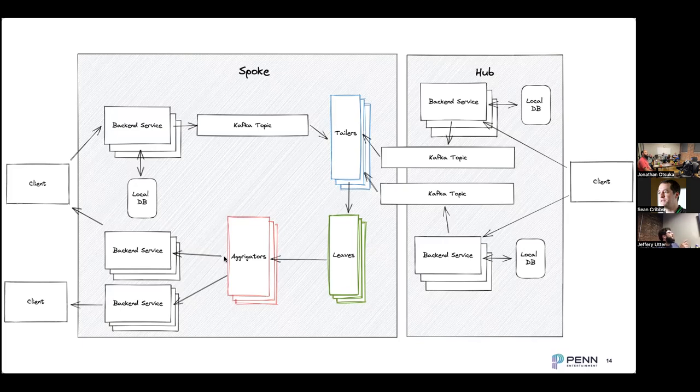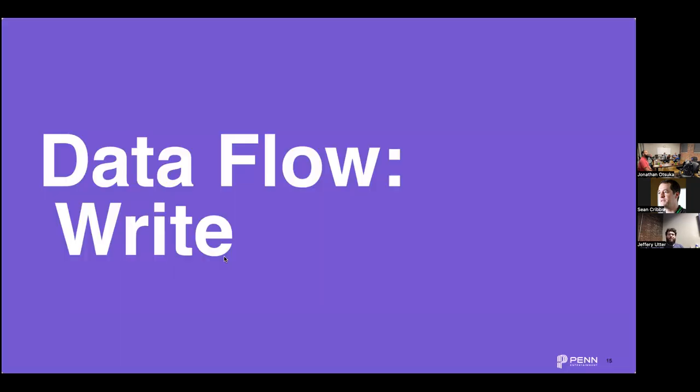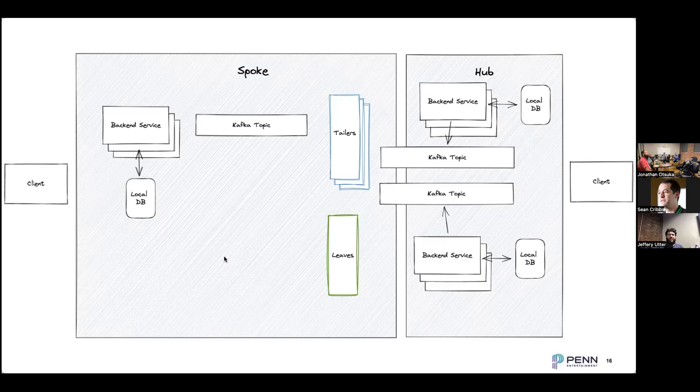But you can see on the right side here, we have a hub, and that might have services that have data that is globally okay, like sports scores or something like that, right? And then on the left side, we have the spoke, and this is what's running in each geographic region. There's a lot going on here, and we'll break it down with some nice arrows and things like that.